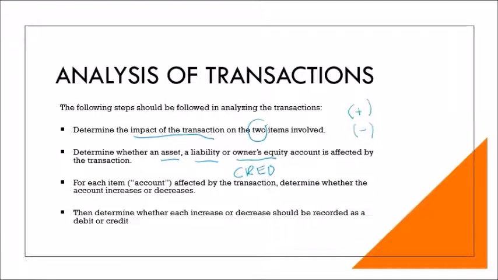So after you identify the increase and decrease and the accounts that are involved in the transaction, you have to know which account increases or which account decreases, and later on determine whether it is recorded in the debit side or credit side.